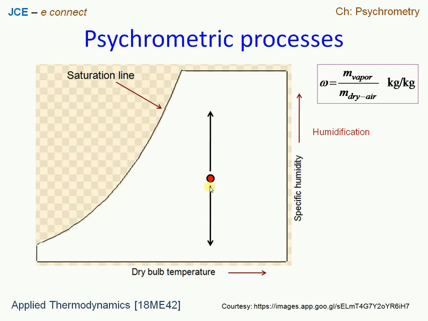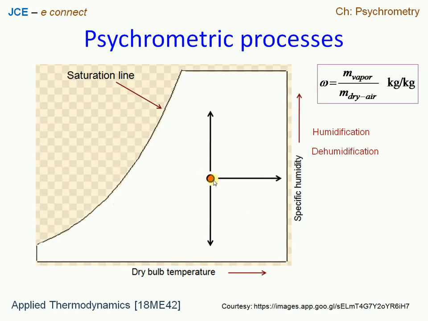So this process which is heading towards the lower end indicates the extraction of moisture, which is called a dehumidification process. That means extraction of vapor mass from the sample of moist air.